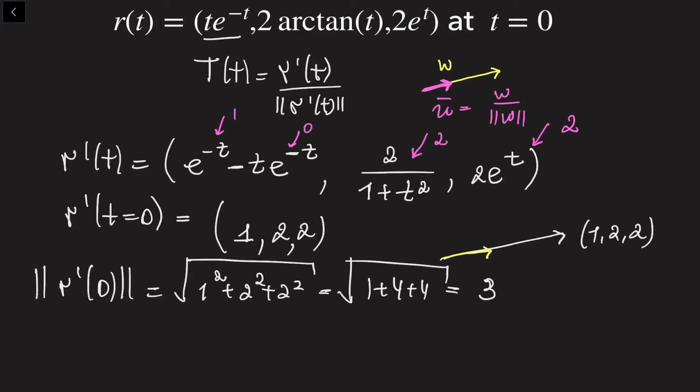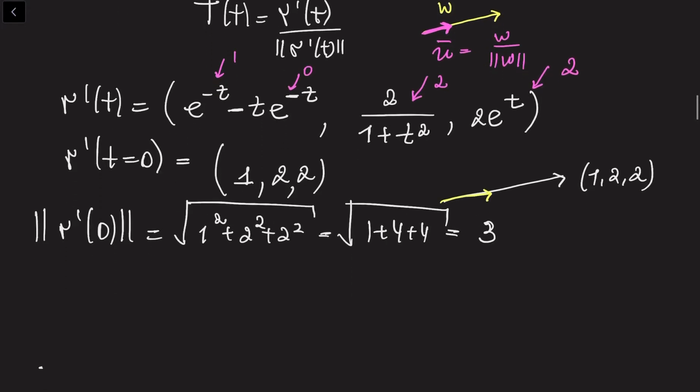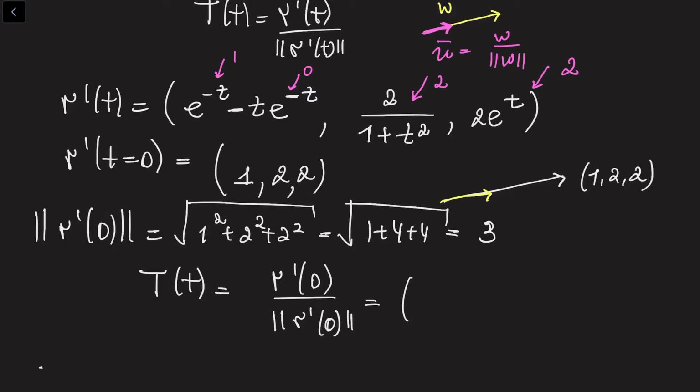So I have to divide all the components of this vector by 3, so that the unit tangent vector is going to be r prime of 0 divided by the norm of r prime of 0. It's still a vector, so I just need to divide all 3 components by 3. It's going to be 1 over 3, 2 over 3, and 2 over 3.